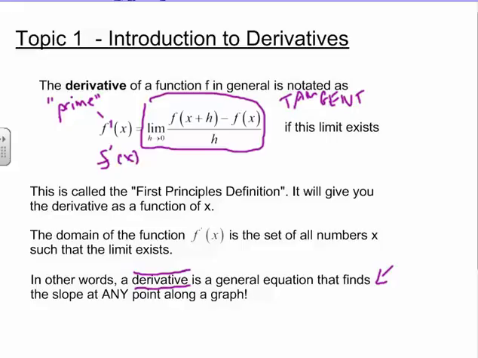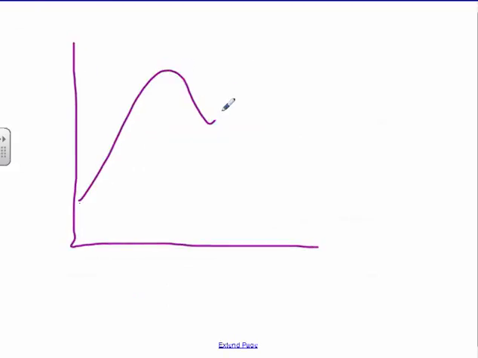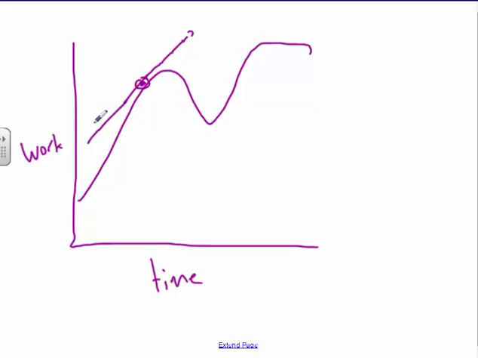Just as a quick reminder, if you have some sort of graph, for example, plotting how much work you had over how much time had elapsed, and I wanted you to calculate the slope at this point right here, the tangential slope at that point, we actually have a name for that now, we would call that the derivative.